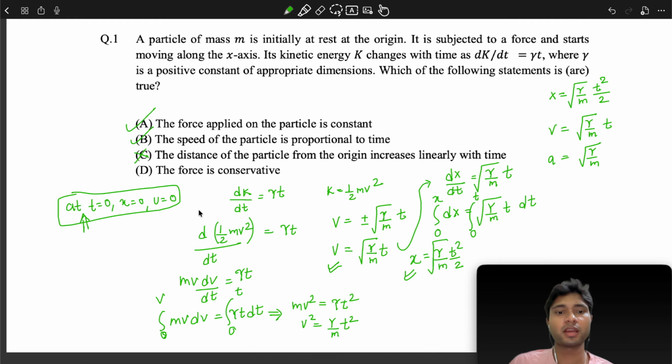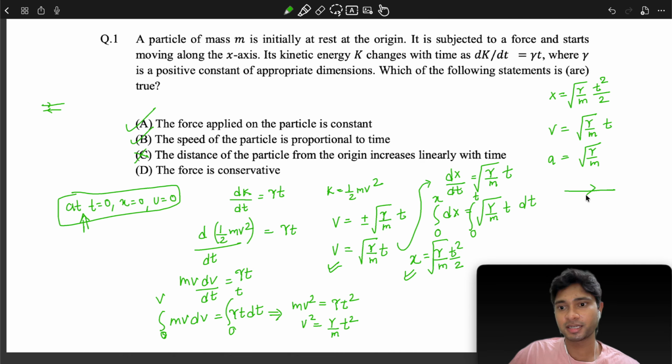If the force is conservative, the work done along a closed path will be zero, right? So if the force is constant in some particular direction, and we select any closed path, suppose we are going from A to B and coming back from B to A. While going from A to B, if the force is in this direction, the work done will be force into displacement.